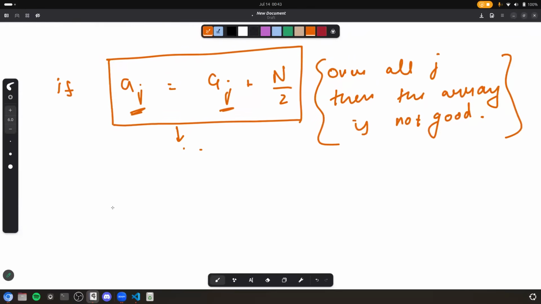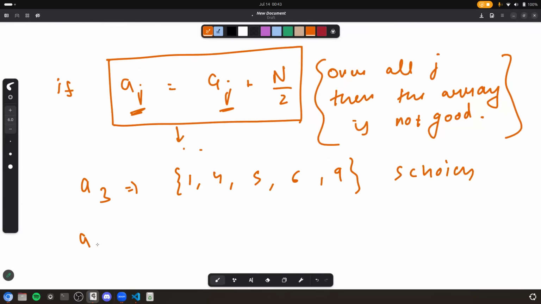How can we find that? Let's say A3 had 1, 4, 5, 6, 9. These many choices, 1, 2, 3, 4, 5 choices, right? And let's say A3 plus n by 2, assume n is 10, so 3 plus 10 by 2 is A of 8.